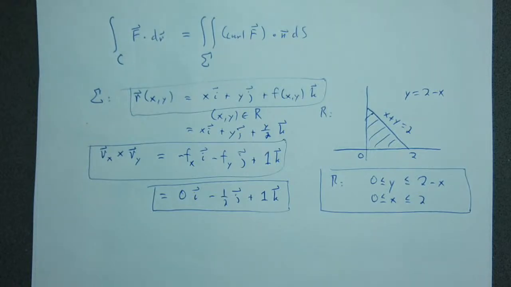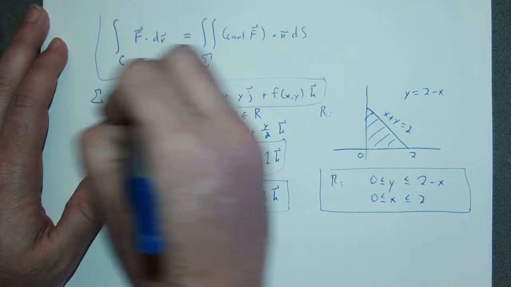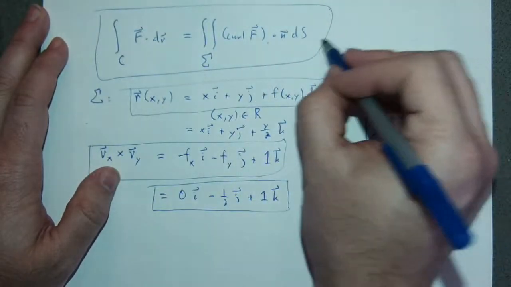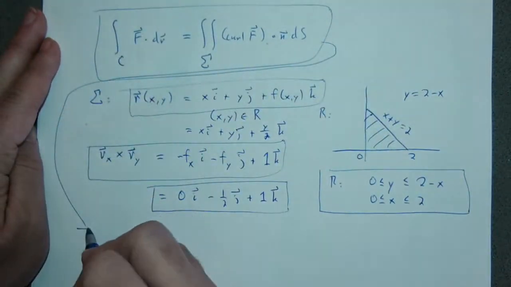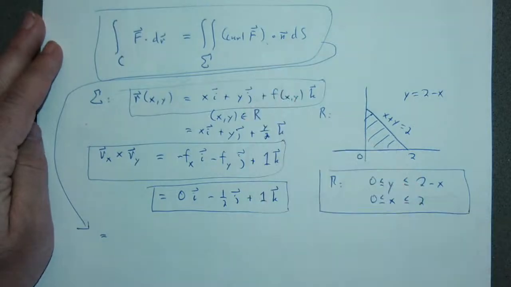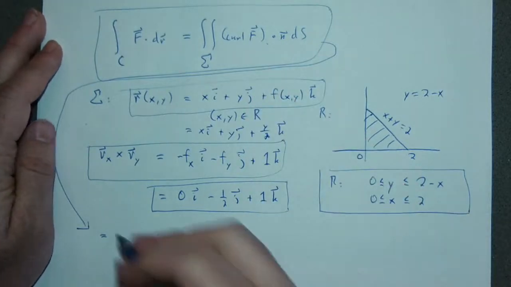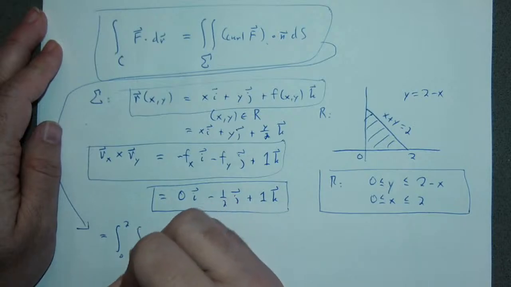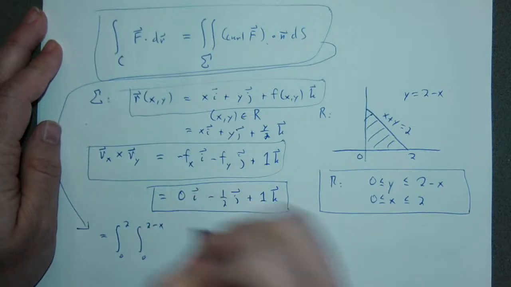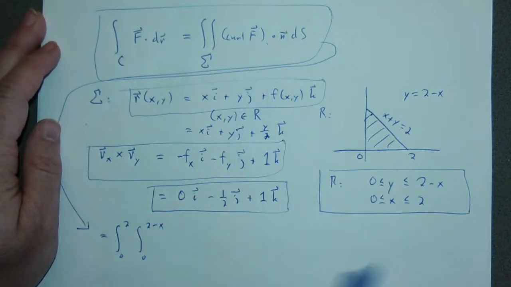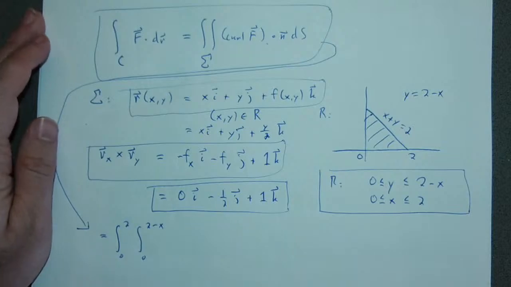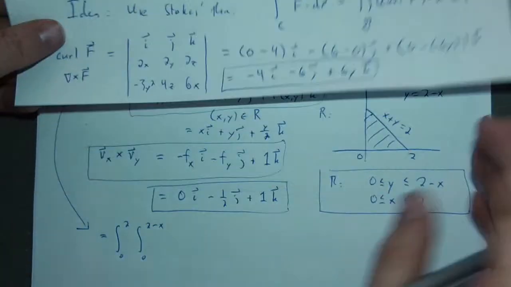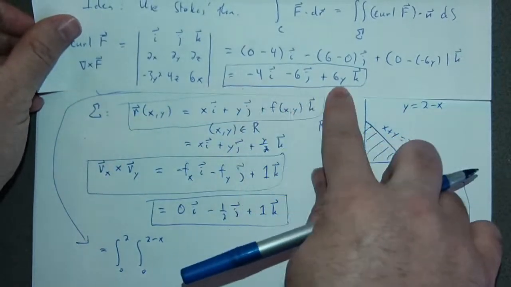Then I want to compute this thing. I'm not going to rewrite that, I'm going to come down here. How do I compute that thing? Using the definition of surface integral. This is going to be the integral from 0 to 2, the integral from 0 to 2 minus x, of the curl of f, which we computed previously, is this thing.